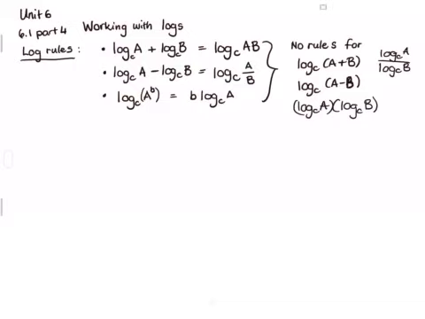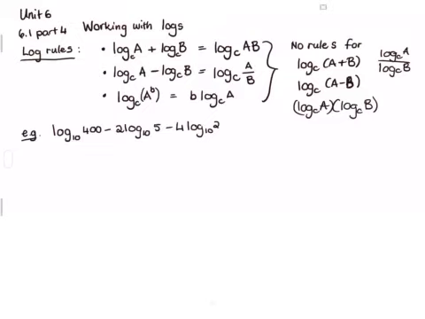Right, I'm going to do a number of examples where we apply these rules. So here we have log base 10 of 400 minus 2 log base 10 of 5 minus 4 log base 10 of 2. Now, because of all the minuses, we're going to use the top two rules.